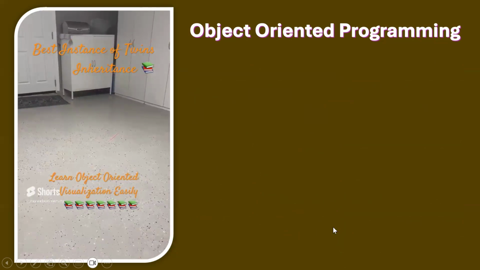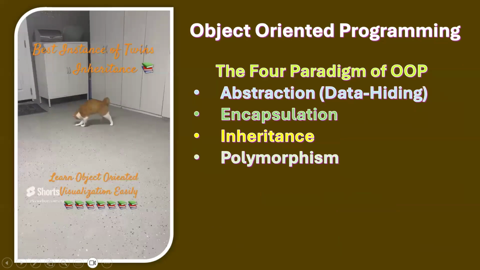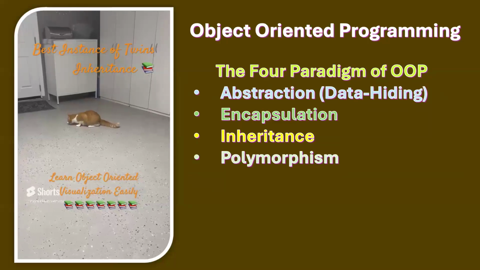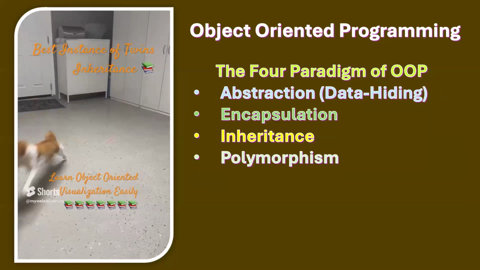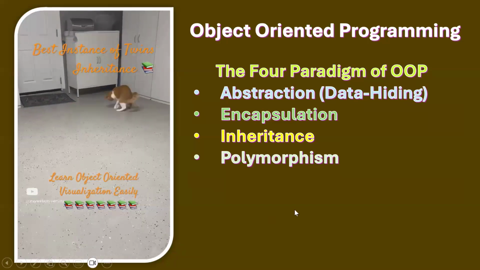But on this one also, I'm teaching you the object-oriented visualization of the twins, the inheritance features. You can see they both inherit a similar kind of jumping together. As you can see, that is a method, jumping together at some point.